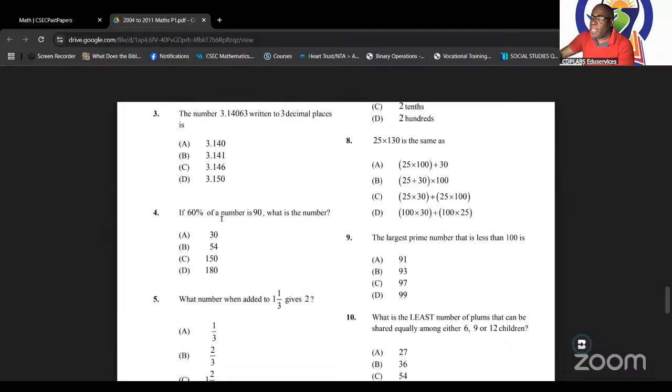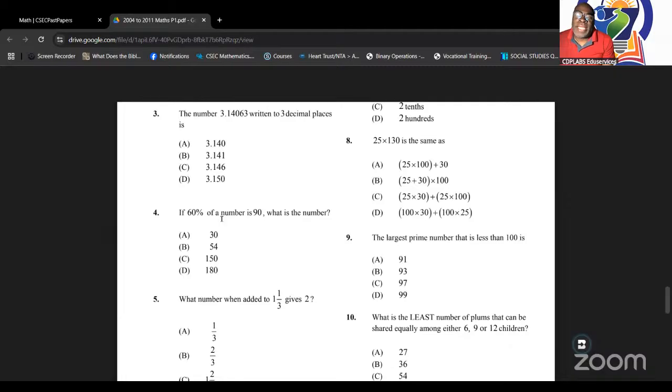So if 6/10 is 90, what is 1/10? So we could simply divide that. We're just experimenting, all right? Now 6/10 is 90. What then is 1/10?